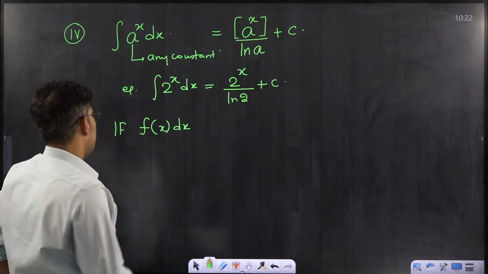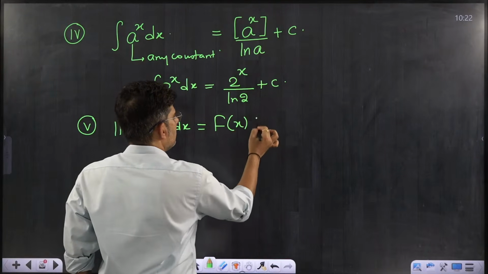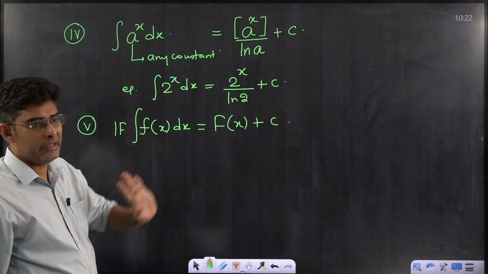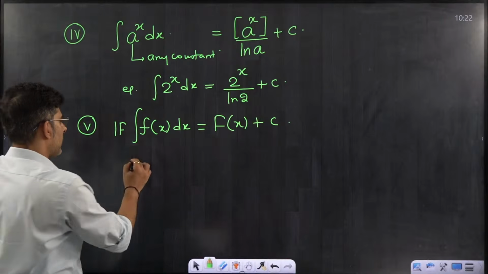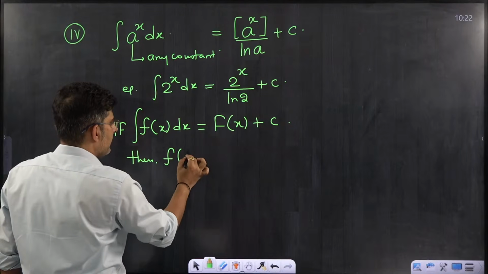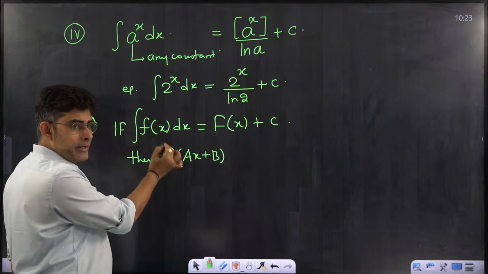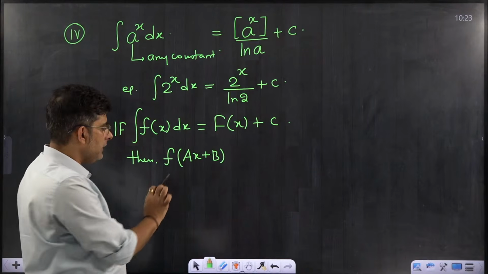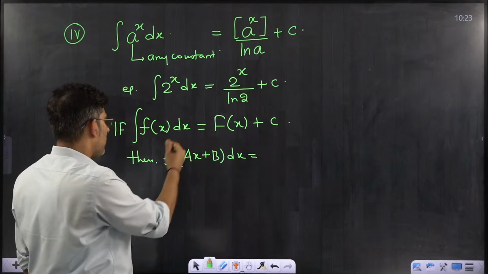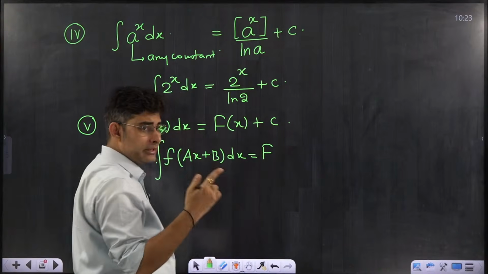If you integrate a function, small f, and you get capital F as the new function, then if x is replaced by a linear function of x, ax plus b, and you integrate this, you are going to get the same function capital F.